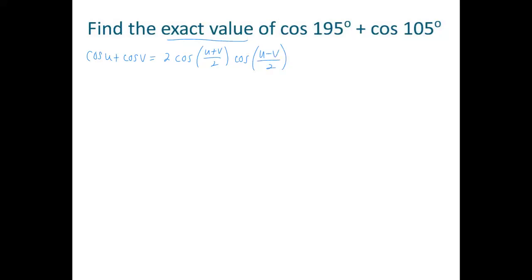And what should happen here is that when we replace u and v with the numbers given in the problem, we should be able to actually find values that are on the unit circle. So let's do that. So 2 times cosine of 195, again, we're working in degrees, plus 105 over 2 times cosine of 195 minus 105 over 2.